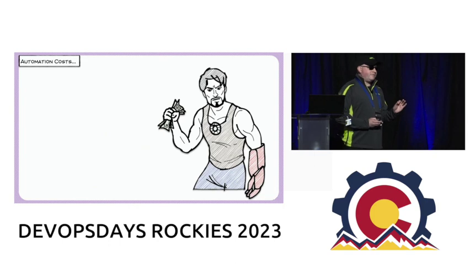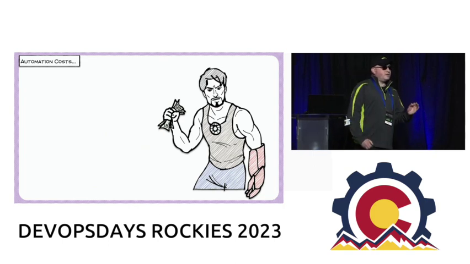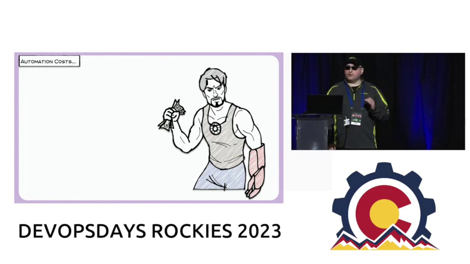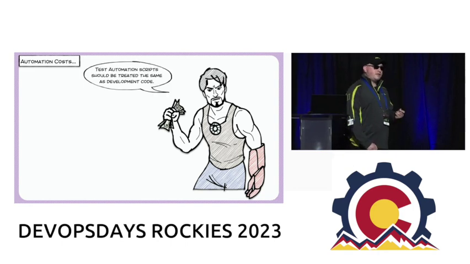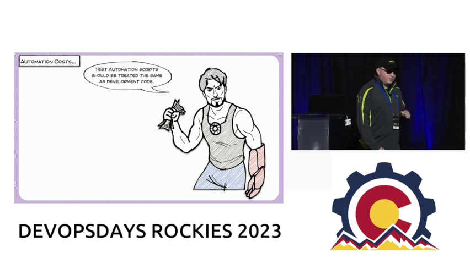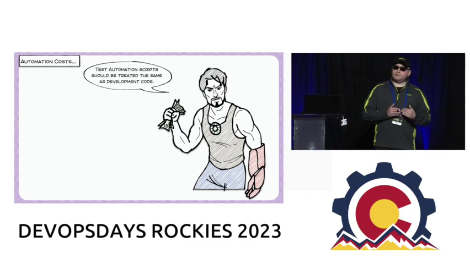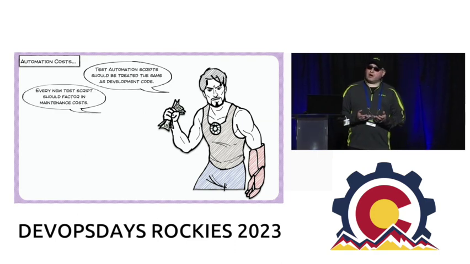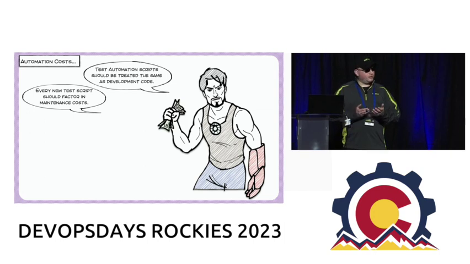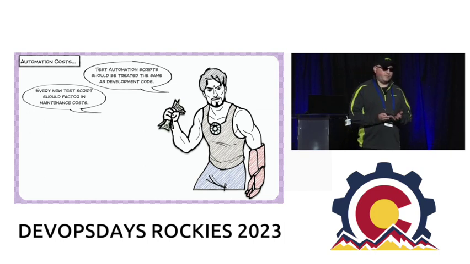I take that further in helping the teams level set with regards to the tooling that they're going to use. So I want them to consider the automation cost, that it's not something you sprinkle magic fairy dust on and you're good. Your automation script should be treated with the same care that you would expect of your development code. Automation code is development code. So you need to factor in maintenance costs for that, because once you've invested in it, you're taking care of that test for its lifespan.